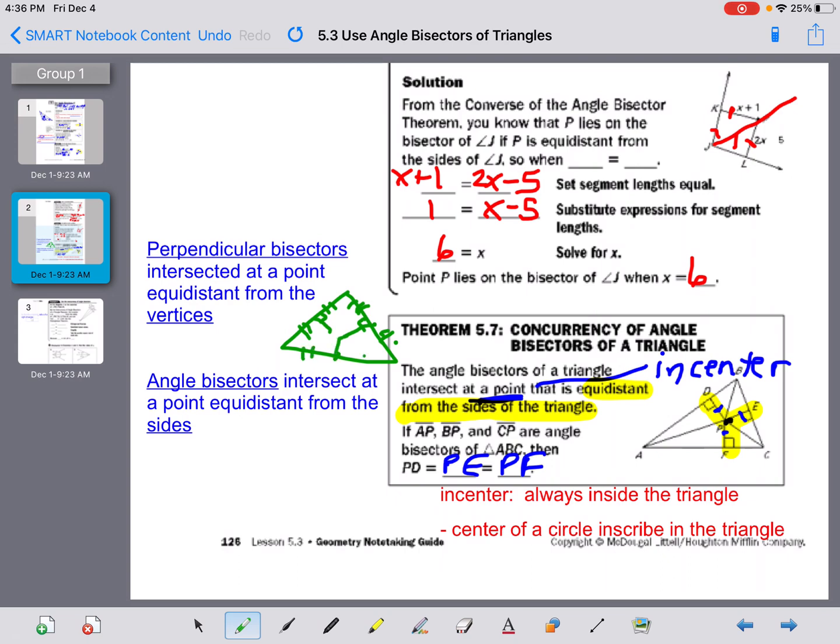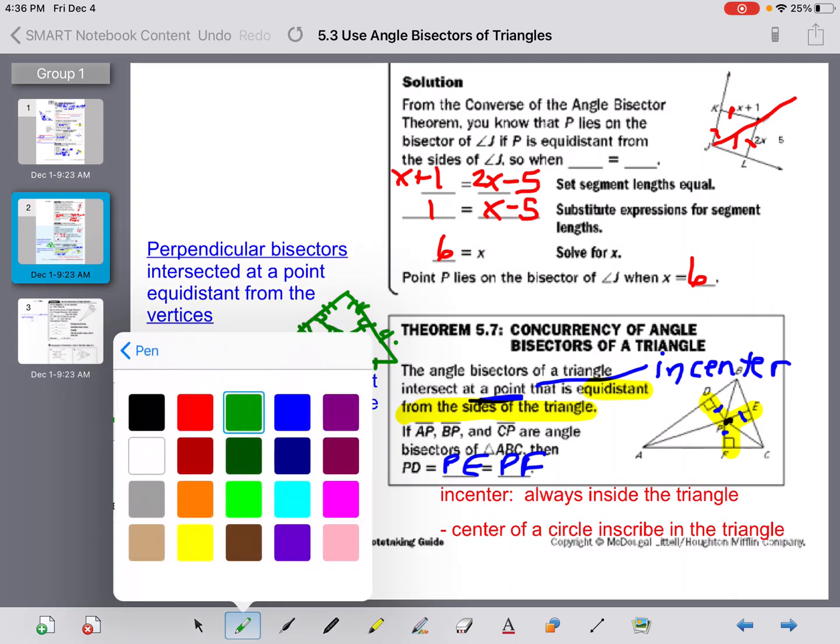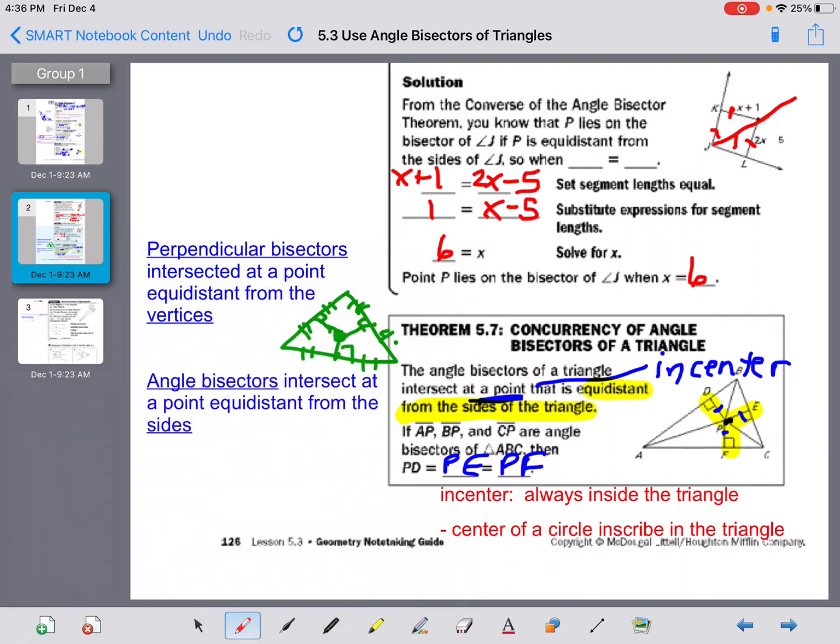Draw with your finger. It's rather ridiculous, but you know what? We'll take what we can get. Okay, so you remember from yesterday, all those perpendicular bisectors, they met at a point called the circumcenter, and it was equal distance to the vertices, which means this circumcenter was the center of a circle drawn around the triangle, okay? Not great, but it kind of gives you that idea.